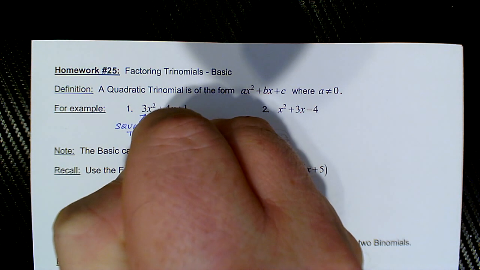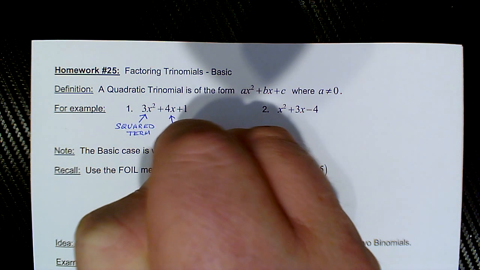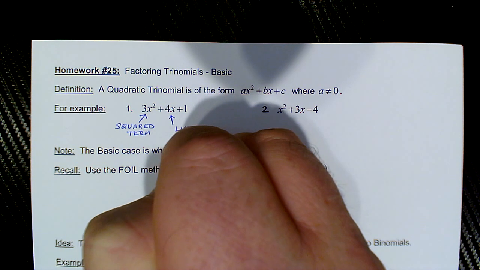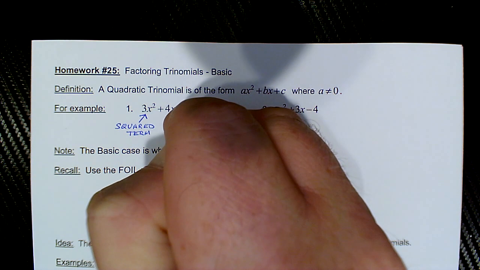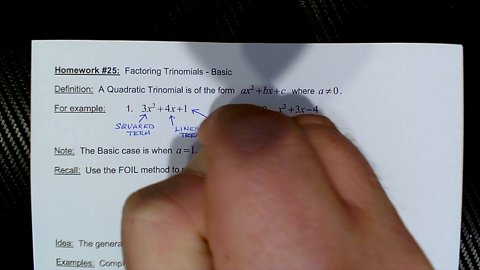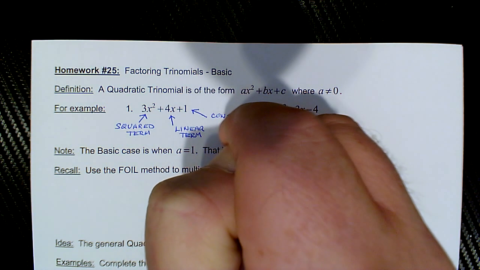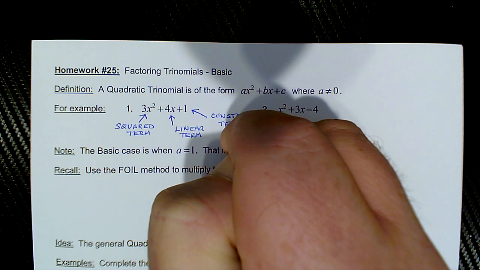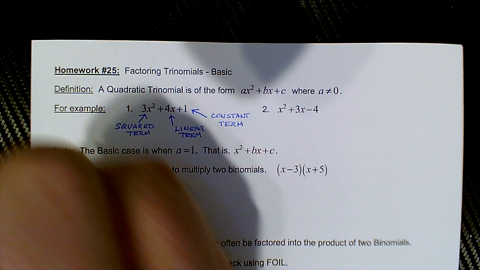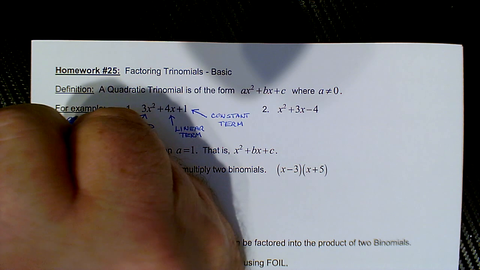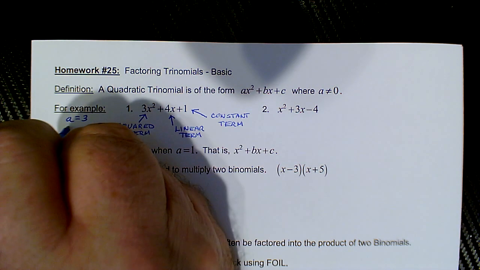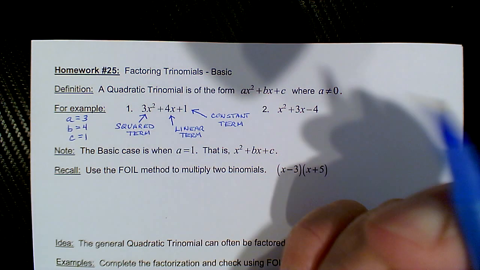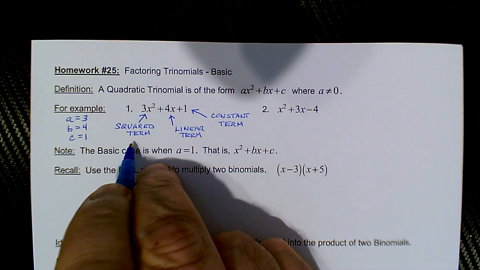The 4x is referred to as the linear term, and the number alone is referred to as our constant term. But you could see in this example that basically a is 3, b is 4, and c is 1, if you needed to define those.